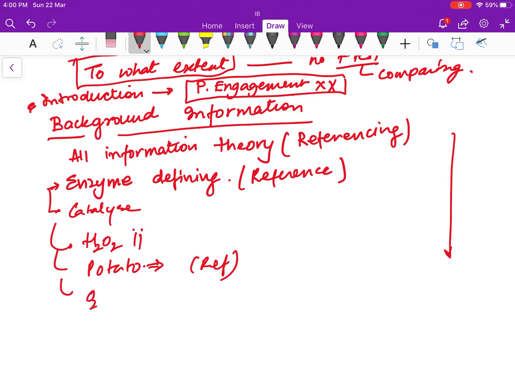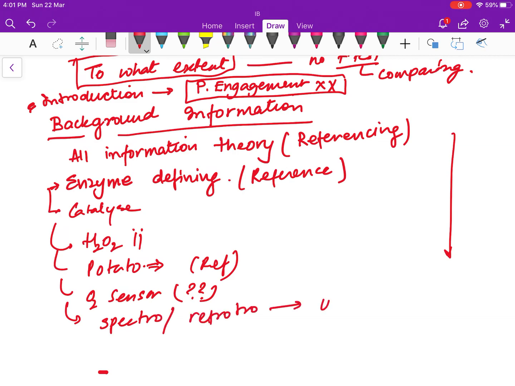If I'm using the oxygen sensor, how the oxygen sensor works. If I'm using some other apparatus, for example, I'm using spectro or refractro or whatever apparatus I'm using, how it is working, and it should be referenced, because this is not your information.